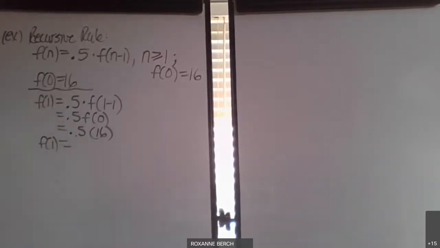Well, what's f of 0? 16, isn't it? So you see I'm taking out f of 0 and putting in 16? So what's 0.5 times 16? 8.